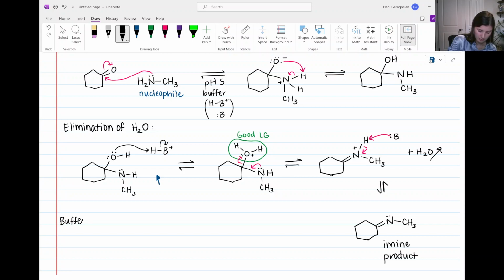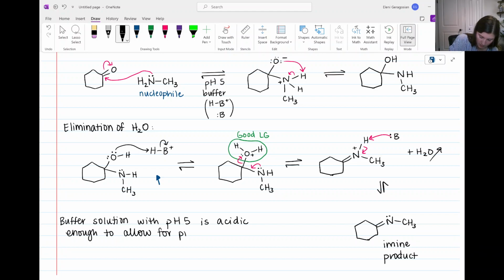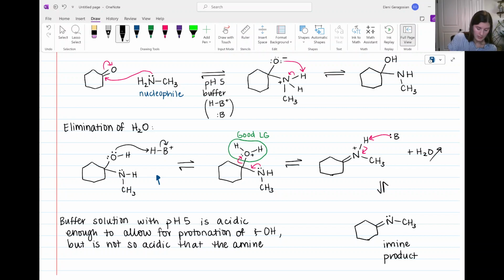Buffer solution with pH of 5 is acidic enough to allow for protonation of this OH, but is not so acidic that the amine is protonated.